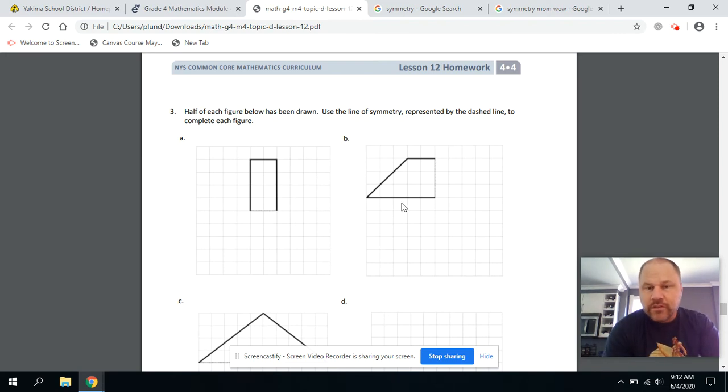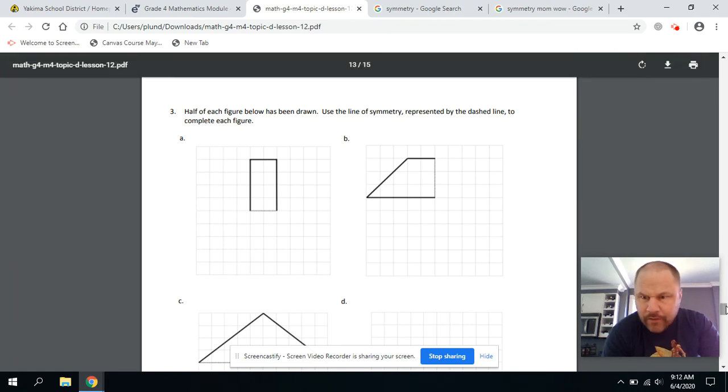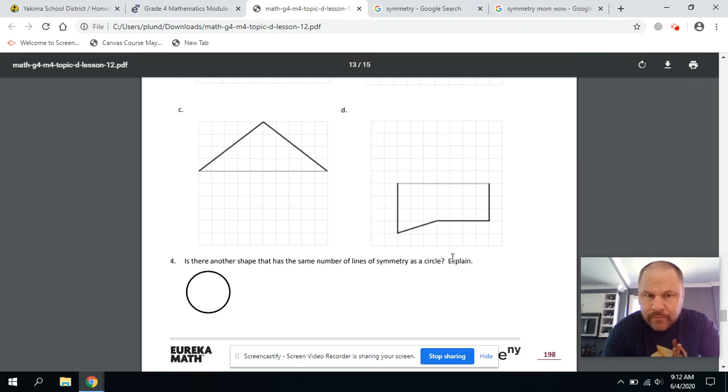Now this one has got the angle here, so it's a little bit tougher to do, but if you count over the amount where it's straight, which is 1, 2, 3, 4, 5, and then this is 1, 2, and you connect those dots, then you should be able to still do it. Same deal here.